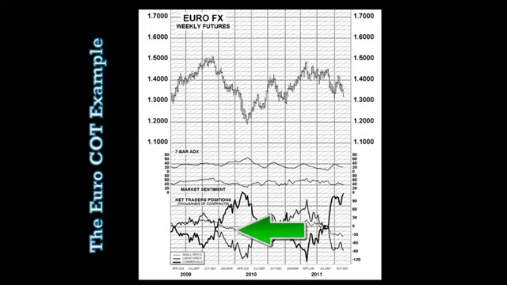And the very thin black line is the retail traders that are pretty much wrong all the time. So if you look at the price swings in the euro, you can see that the commercials pretty much called the highs and lows of every significant price swing. And that's the category of trader that we want to be mimicking, and allow them to engineer the price swings that will unfold, and we trade within that price swing.